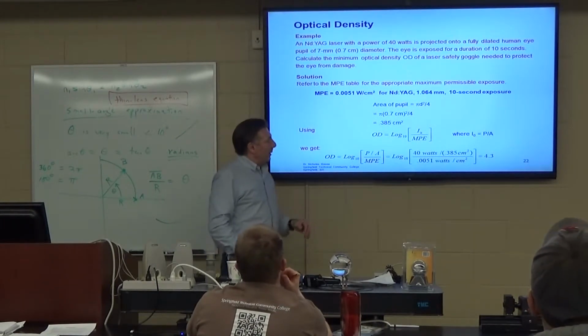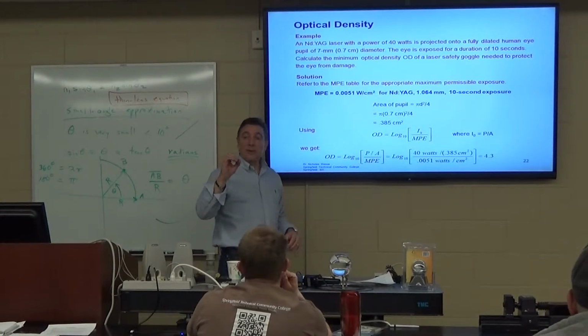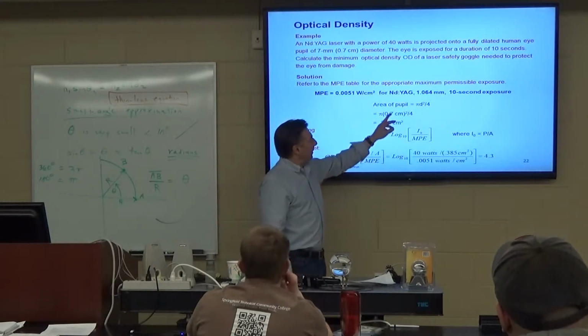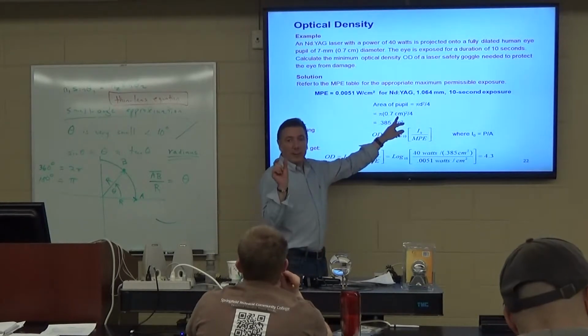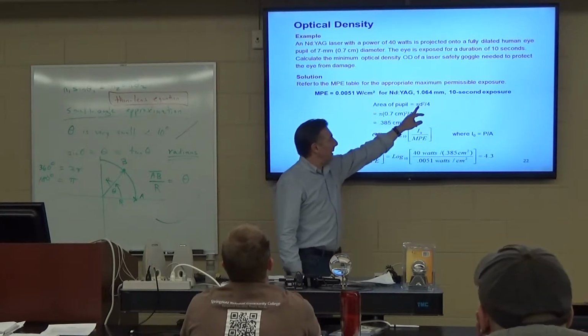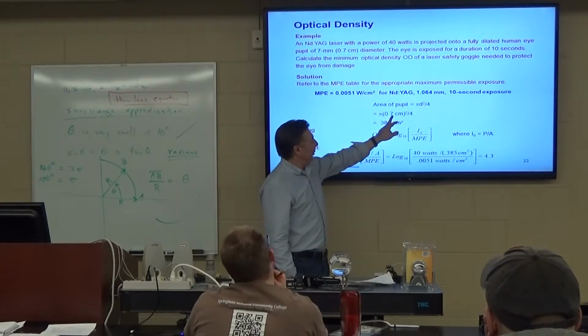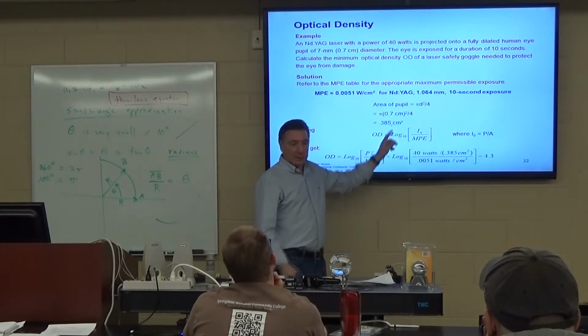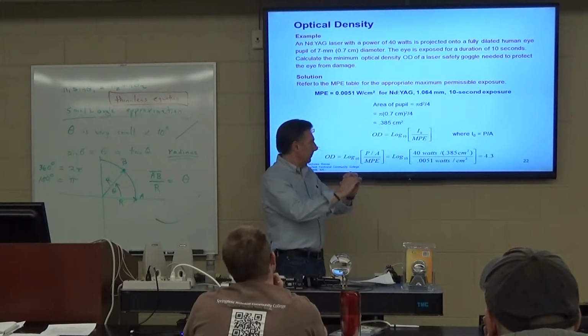So we need to figure out the irradiance of that laser on the eye. We have a 0.7 centimeter diameter on the beam, so we plug it into the area, pi d squared over 4. Pi times 0.7 squared divided by 4 gives us 0.385 centimeters squared. That's the area of that beam on your eye.